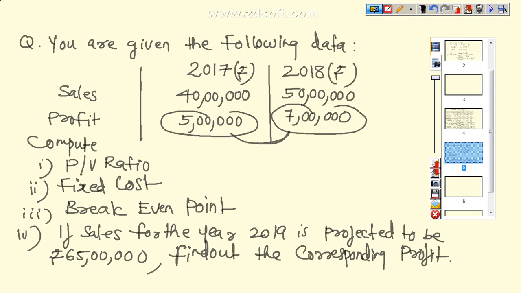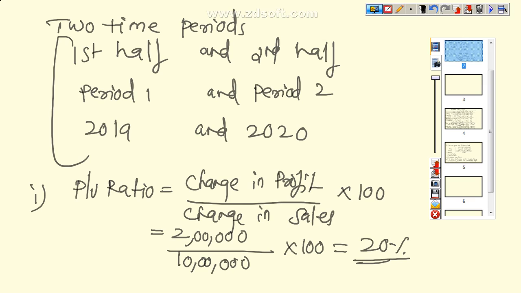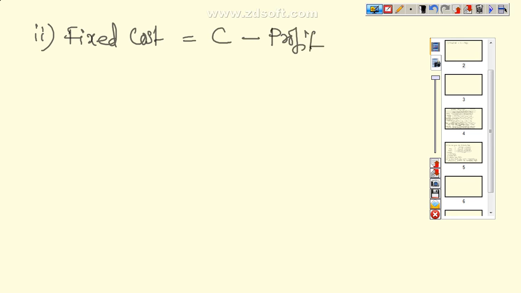Based on this information, next we have to calculate fixed cost. Fixed cost is equal to contribution minus profit. We know the formula of contribution is equal to sales multiplied by PV ratio.